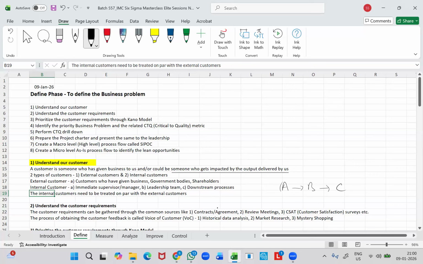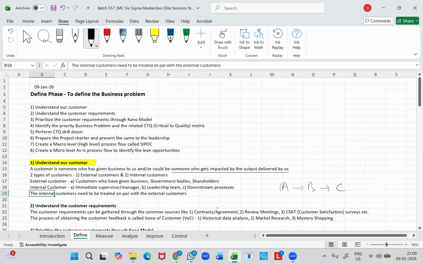But apart from the company who has actually given business to us, as I told you, there could be other stakeholders involved in this project exercise. So the stakeholder analysis that we would perform at the beginning of the project exercise should cover all external and internal customer groups, right? They would be looking at our project with lots of interest.